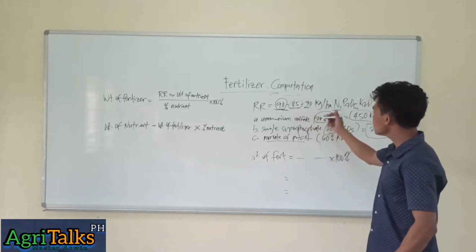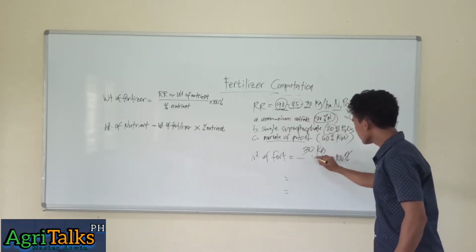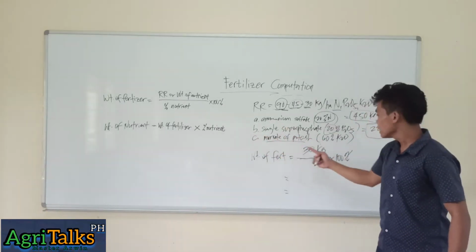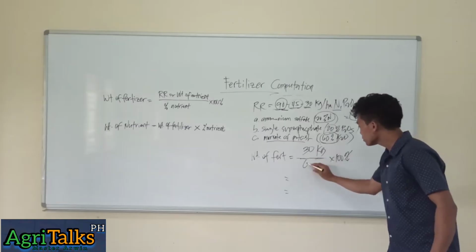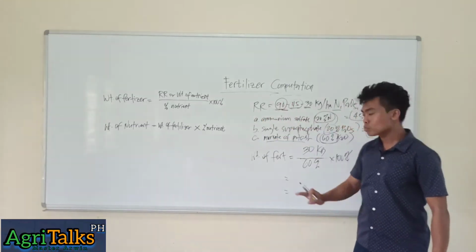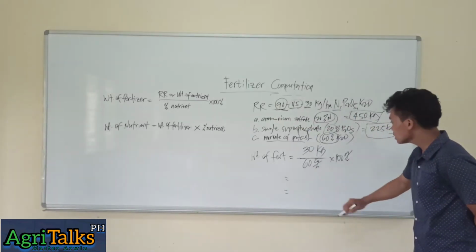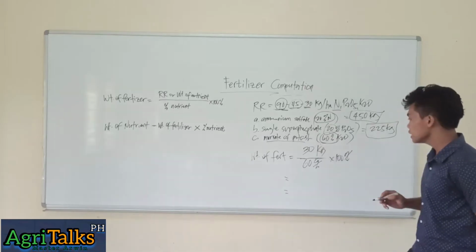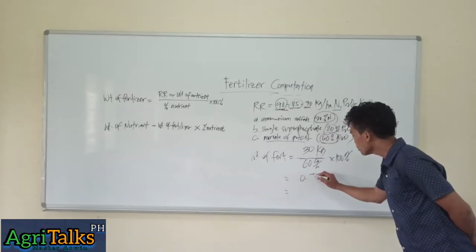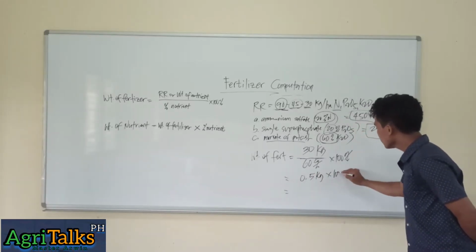So, the recommended rate, RR, is 30 kilograms divided by the percent nutrient of this material, which is 60%. And then 100% times 100%. Cancel percent, the remaining will be kilograms only. So 30 divided by 60, that would be 0.5 kilograms times 100.